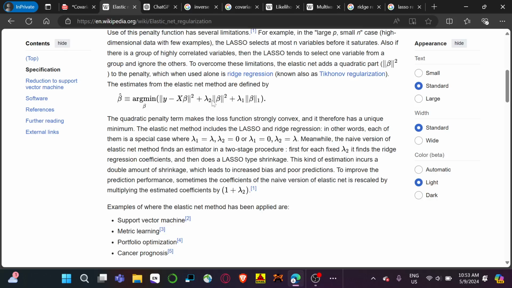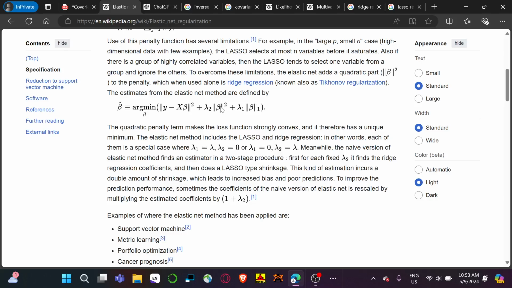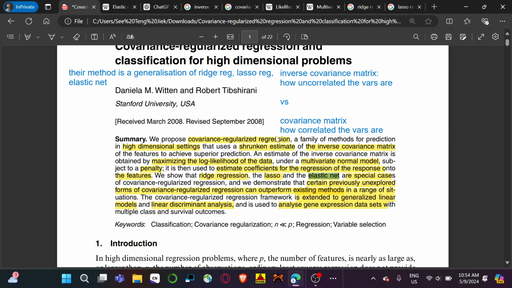Lambda 2, I think, is responsible for weighting the ridge regression term, and lambda 1 is responsible for the lasso regression term right here. So that's understandable. Essentially, elastic net is a combination of ridge and lasso.